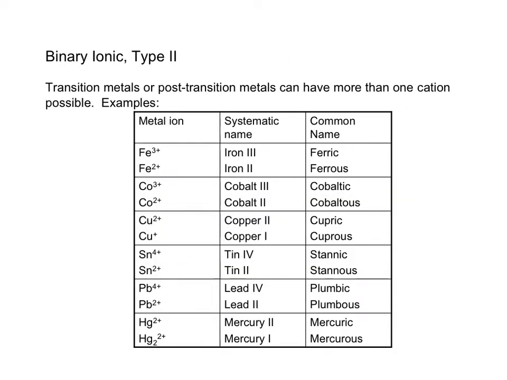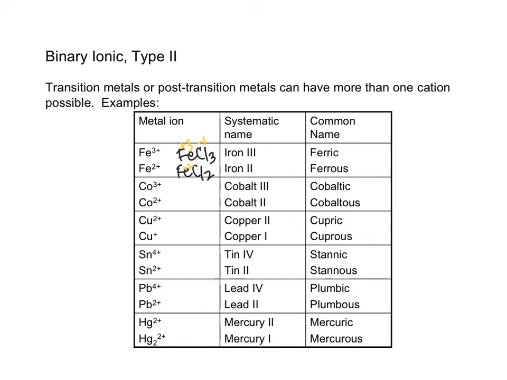All right, so if it's type 2, then you can have compounds, for example, like Fe. You could have FeCl2 or FeCl3. So why did I do that? Because iron is going to be +3 in this one. Chlorine will be -1.